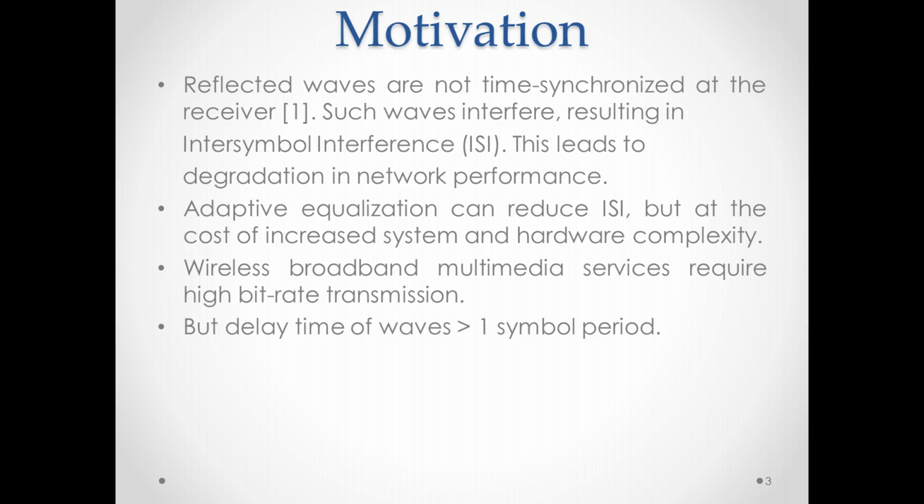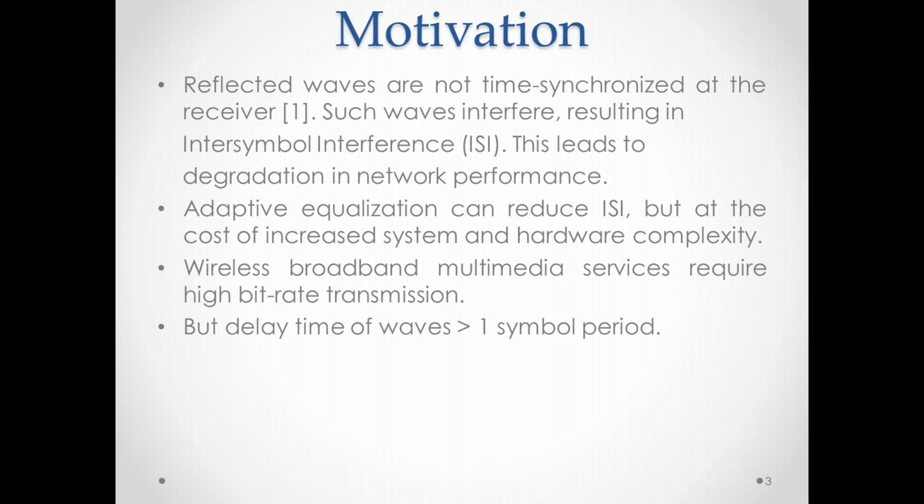What happens is that these reflected waves at the receiver are not time synchronized. That is to say that all the reflected waves do not arrive at the same period. Such waves will interfere either constructively or destructively, resulting in a phenomenon that we call intersymbol interference. Such interference can lead to degradation or poor performance in the network.